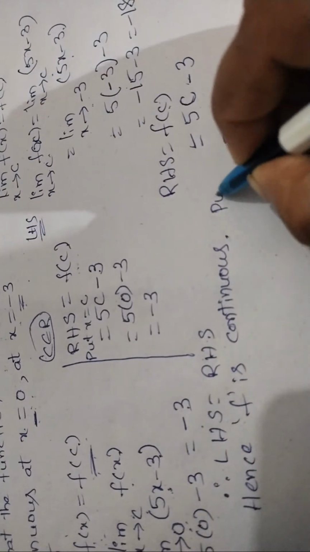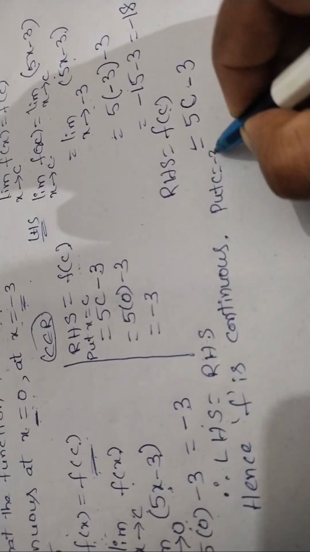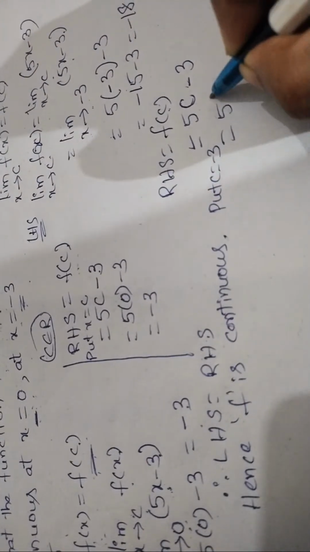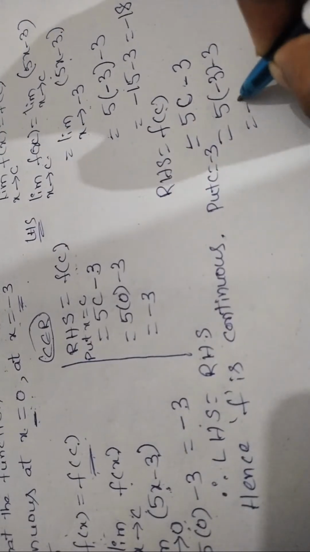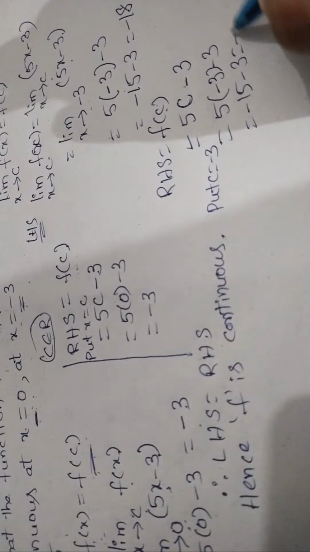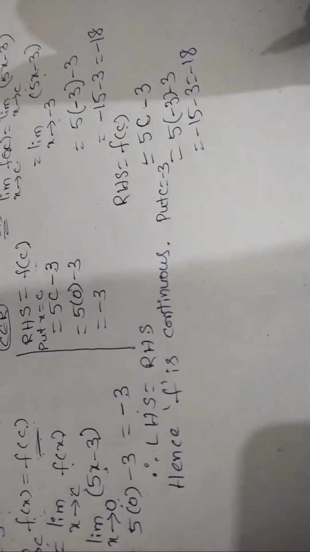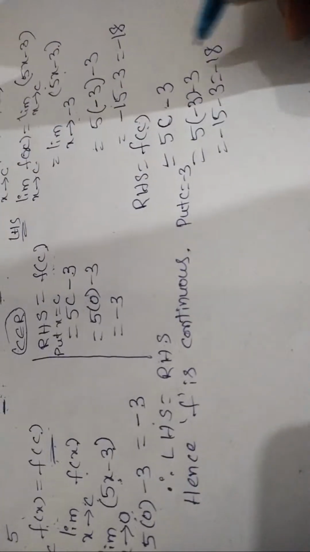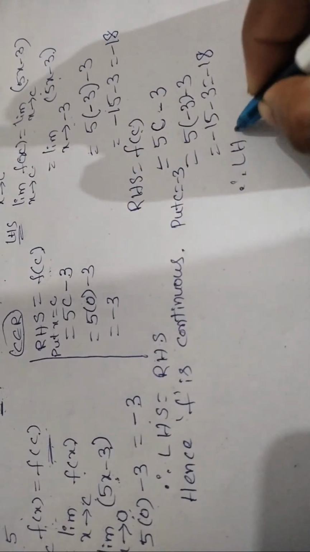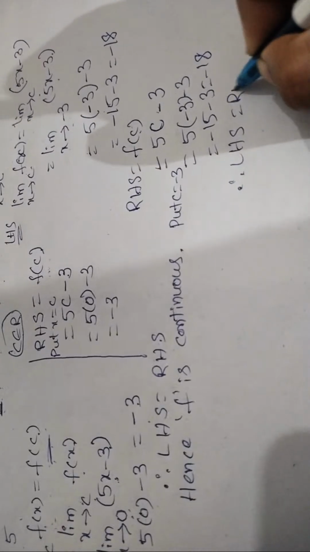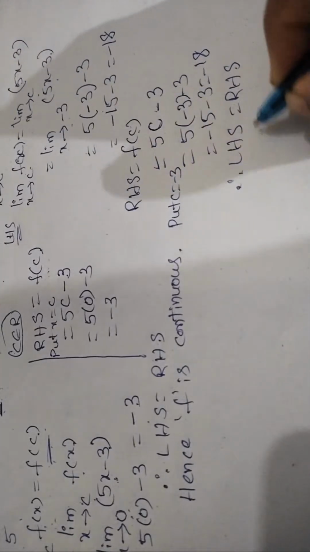Put c is equal to minus 3. So I will write here 5 into minus 3, minus 3. Minus 15 minus 3. It is minus 18. So in both the cases I got minus 18. Therefore LHS is equal to RHS.